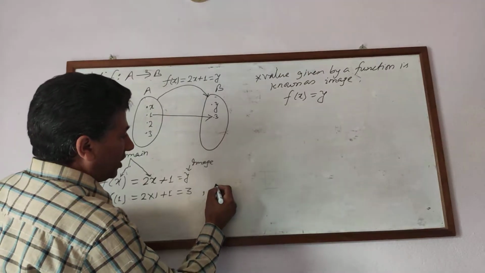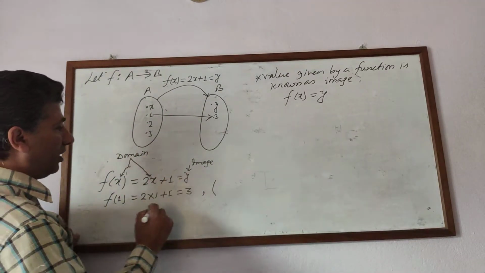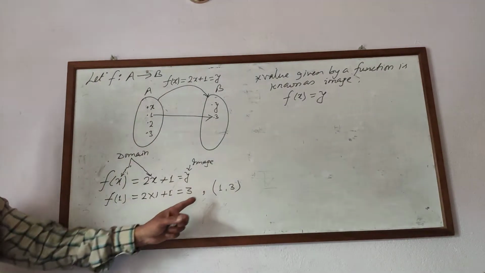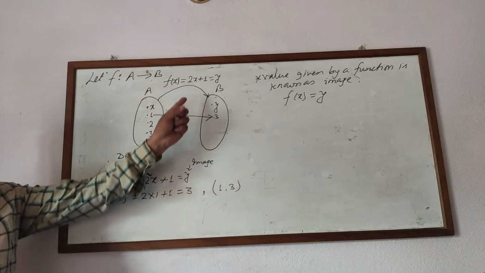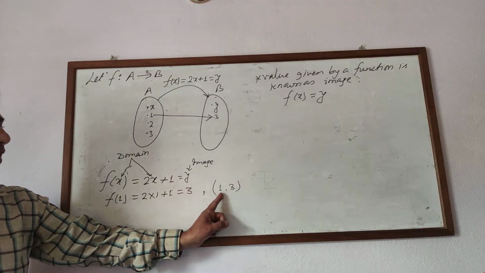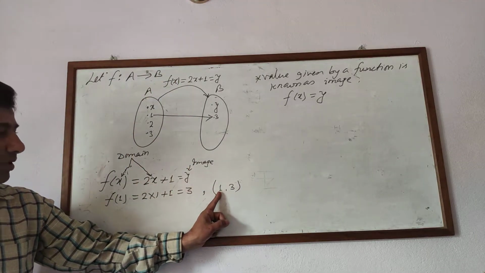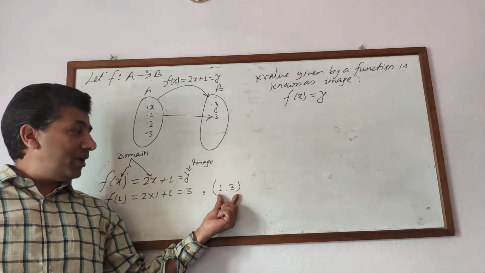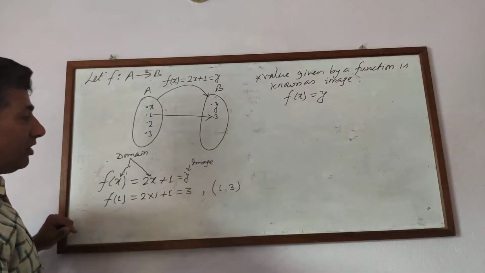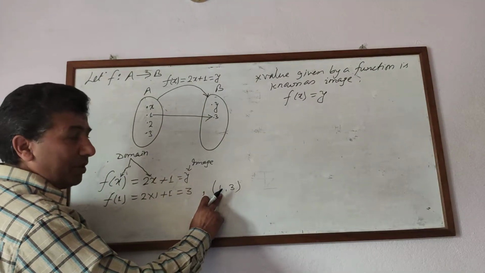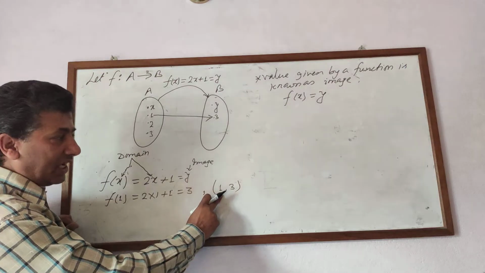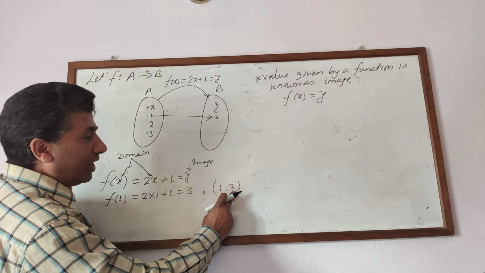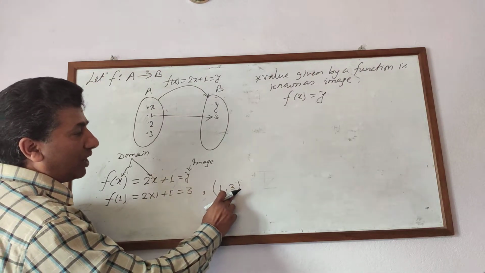Now we can write it like this also in terms of an ordered pair: (1, 3). This (1, 3) means there is a function, and when you write the domain value 1, it gives image 3. Now this is an ordered pair. Another thing you have to understand: domain represents the x coordinate, and image represents the y coordinate.